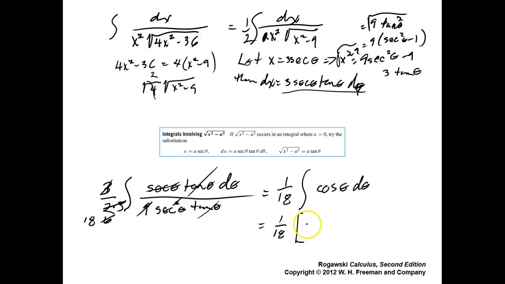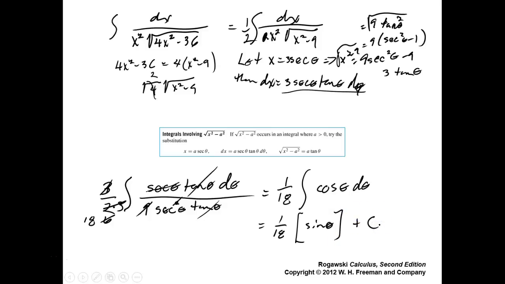No, it's a sine. The derivative of cosine is negative sine, but the integral of cosine is positive sine. Sine theta. And we'd have a plus c here.